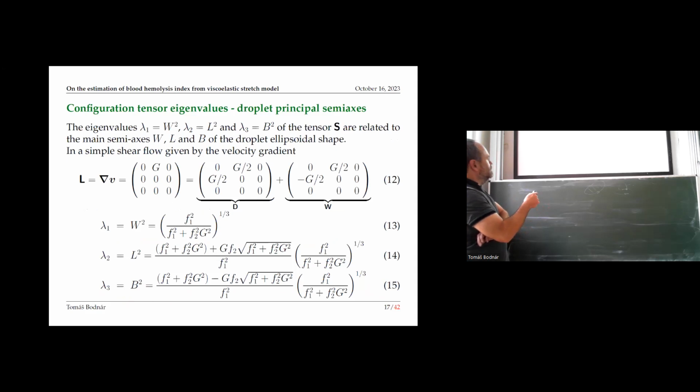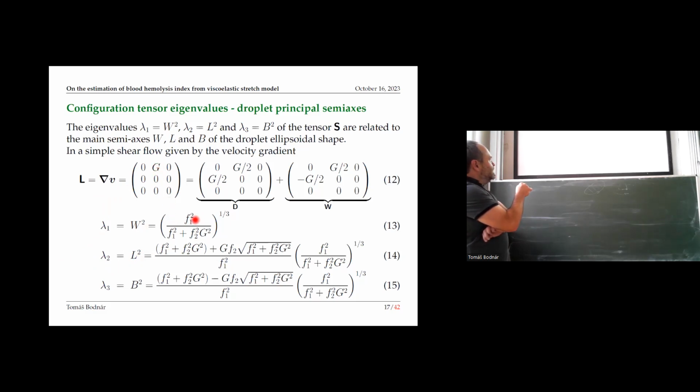Going forward, then what to do with this tensor? Again, the standard version of the model says that you should try to, let's say, mentally apply it to a simple shear situation, where you have this kind of velocity gradient. If you do so, then you can calculate explicitly the eigenvalues of the configuration tensor just based on the coefficients and the intensity of the shear stress.